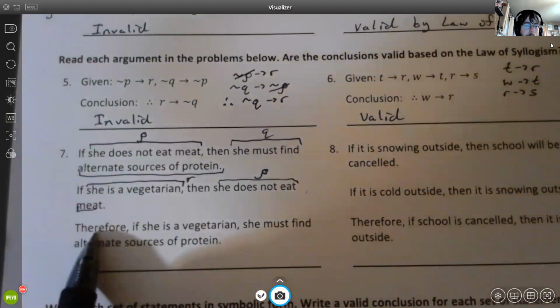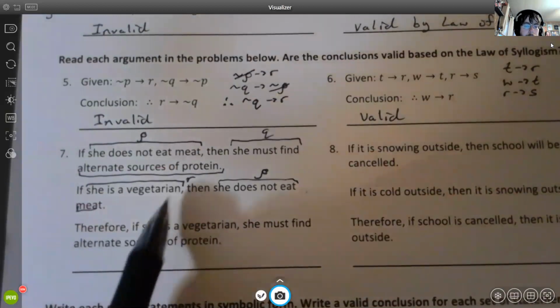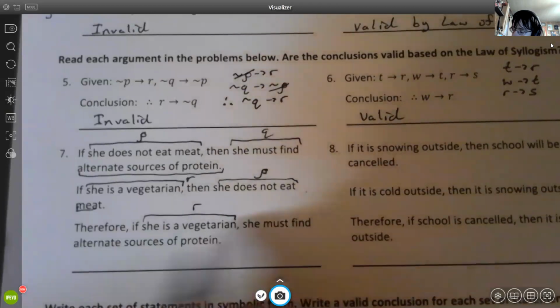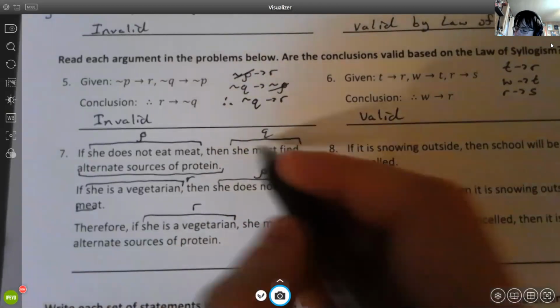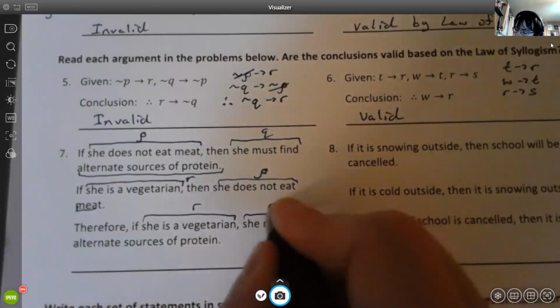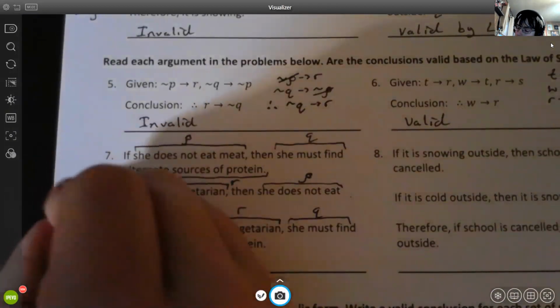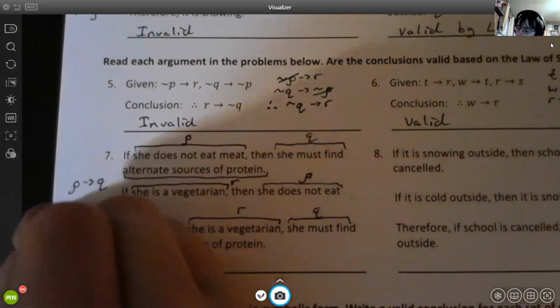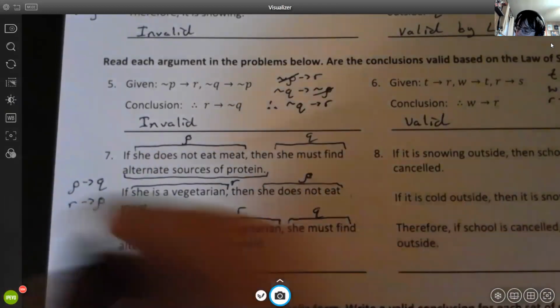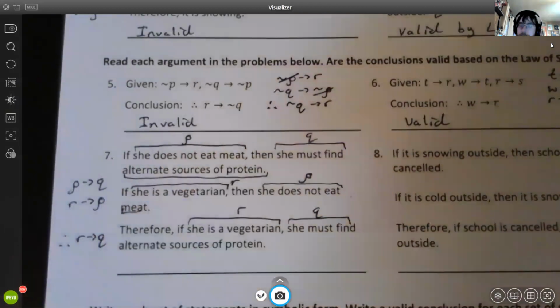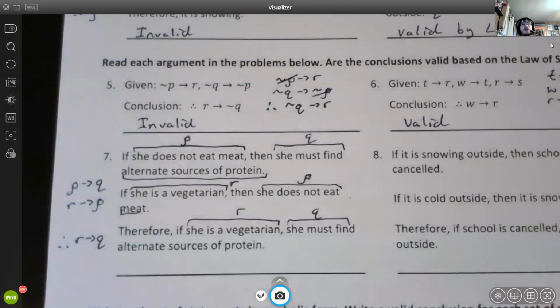Then our last statement, therefore, if she is a vegetarian, that was R, she must find alternate sources of protein, that was Q. So our argument written out here is P implies Q, R implies P, therefore R implies Q. So let's look at that and see if that's correct from our first two statements here.